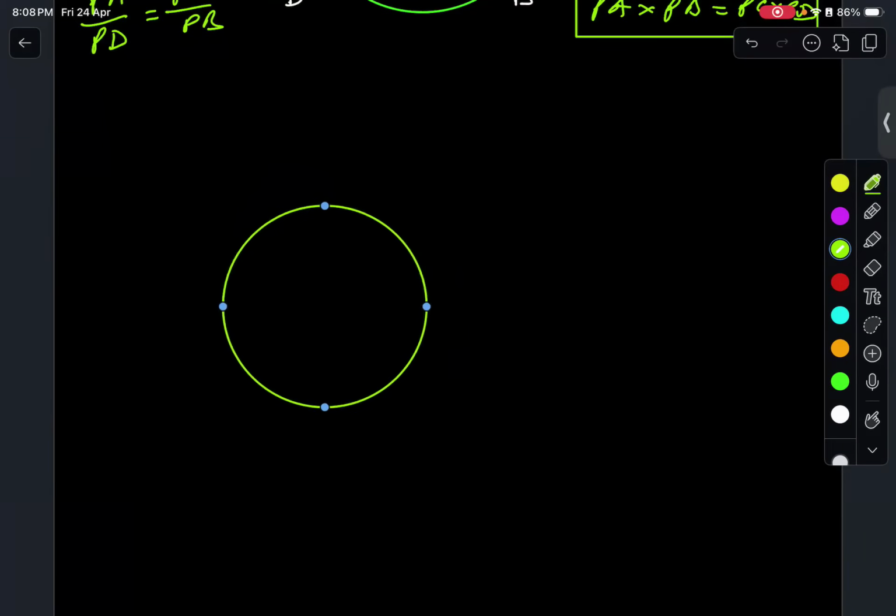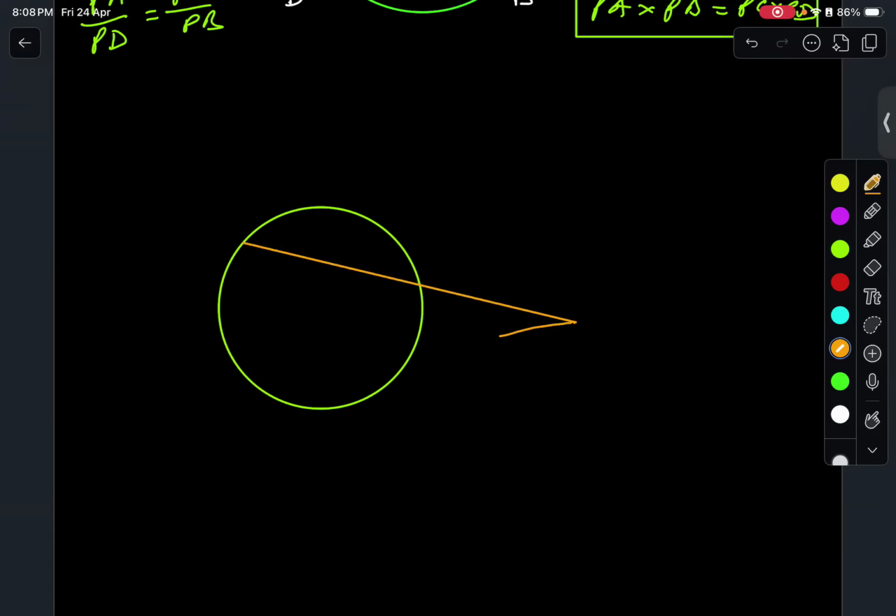This is the circle, and from any external point, two secants are drawn. Let this be A, let this be P, and this is C, D. If I'm joining this and this, then again this angle and this angle will be the same, and this angle will be the same, and this angle is common to both.